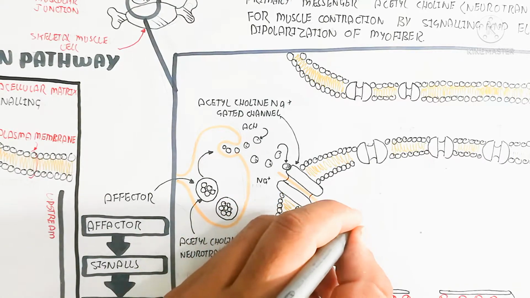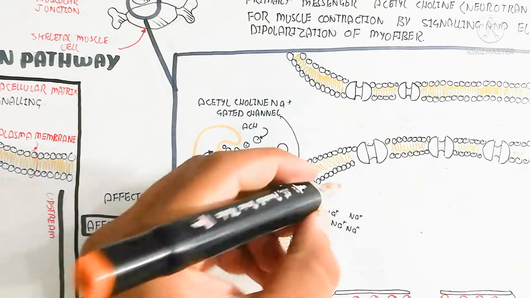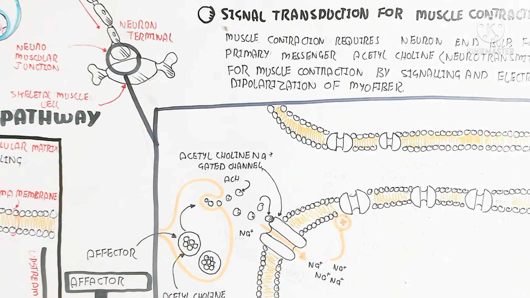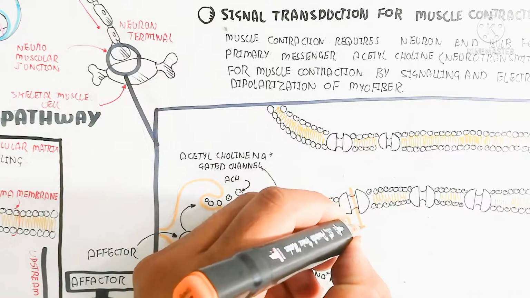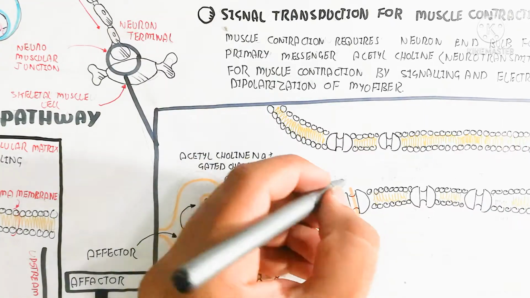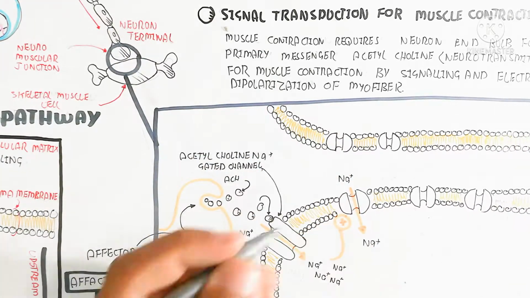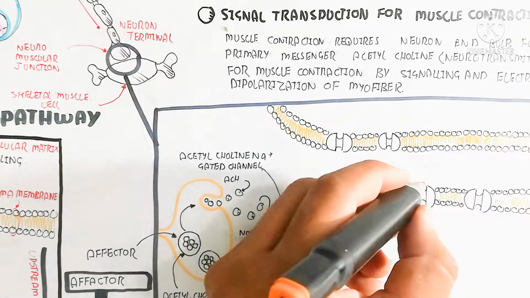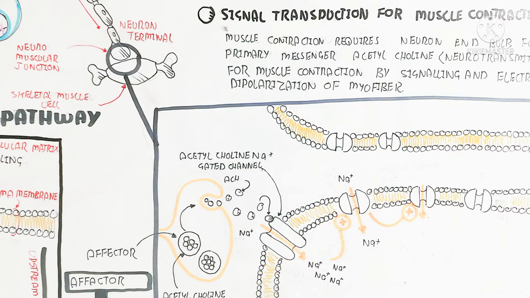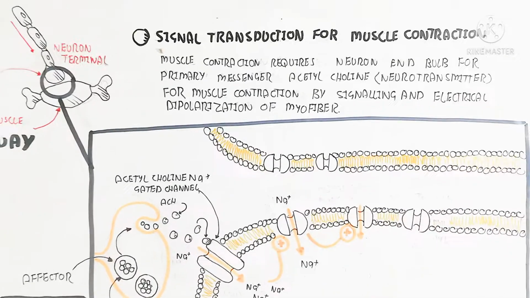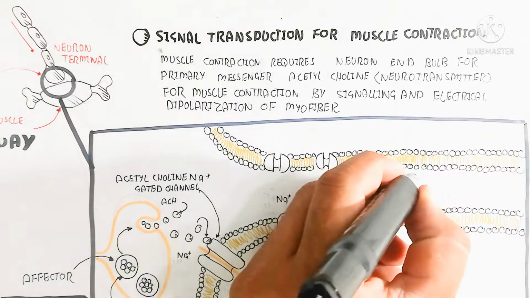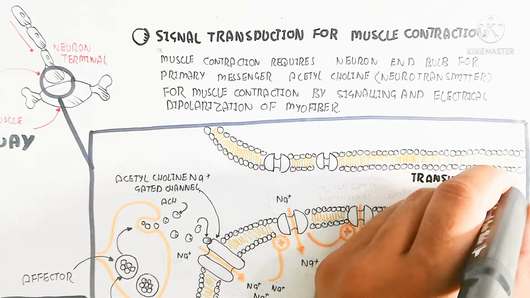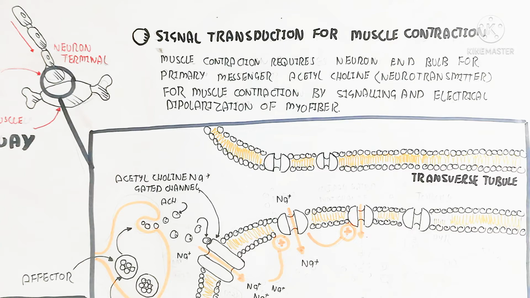So the inner side will be depolarized, with more negative inside, and the more negative will trigger the sodium channels to open due to the depolarization. In this way, the voltage gated sodium channels will open one by one and move toward the transverse tubule of the myocyte, for example, the muscle fiber.